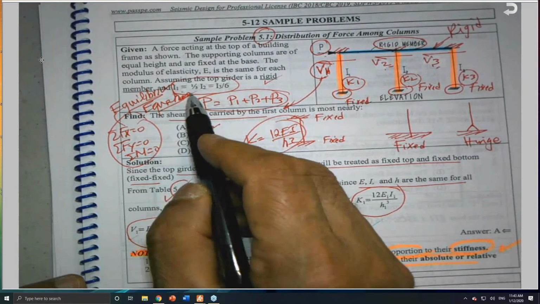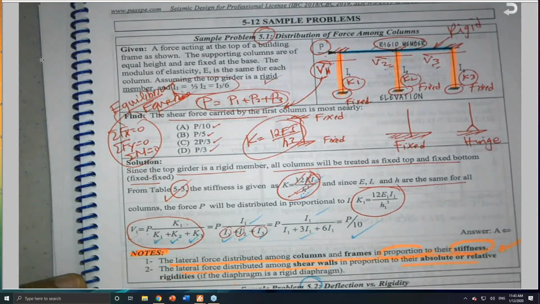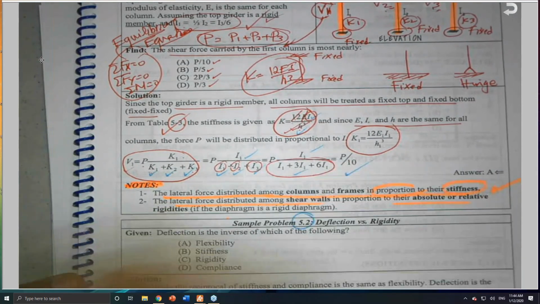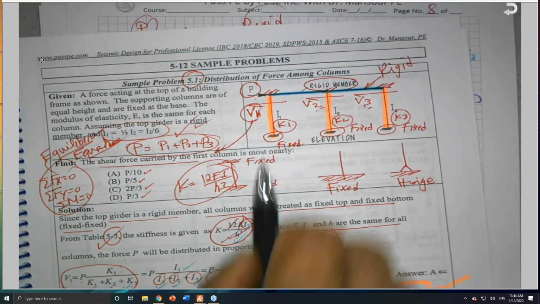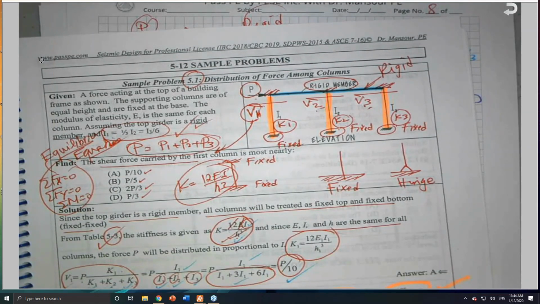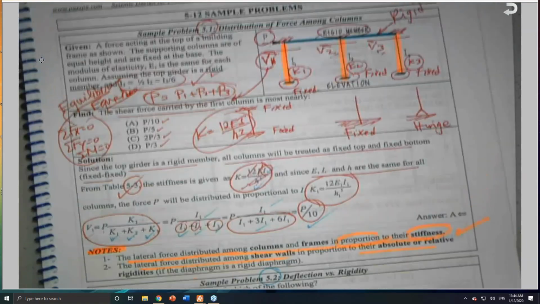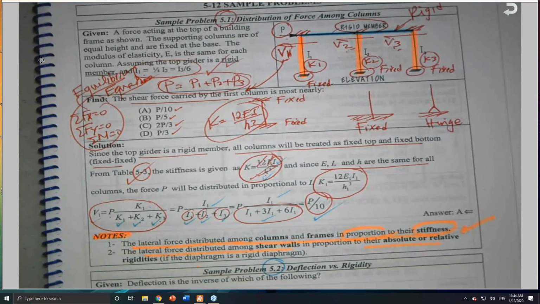It says I1 is equal to 1/3 of I2, which is equal to 1/6 of I3. This is given in the problem statement. So I substitute for all of these, and I end up with P over 10. So this column will carry a tenth of the load. And I can determine the other loads if he asks me for V2 or V3 or something like that. You are very welcome.